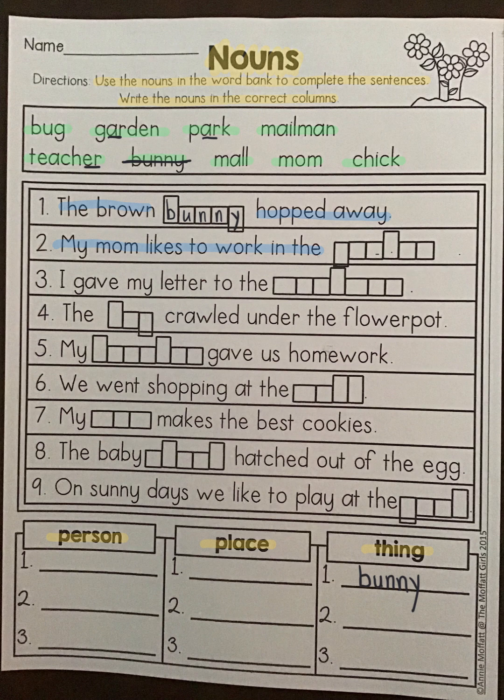No. My mom likes to work in the garden? Ooh, how many letter spaces does garden have? 1, 2, 3, 4, 5, 6. Perfect. Yes, my mom likes to work in the garden. G-R-D-N. Garden.